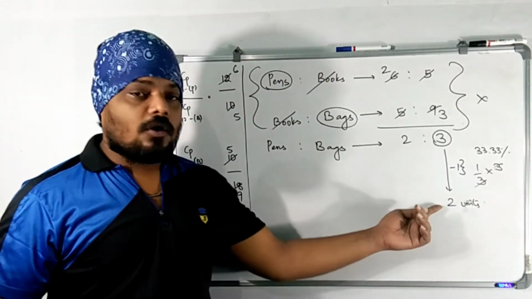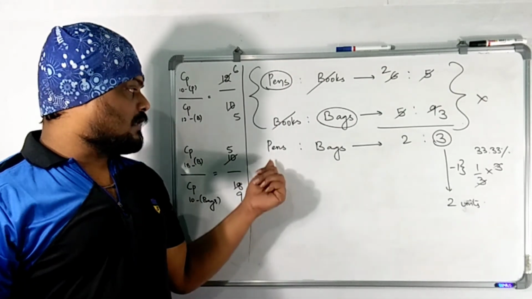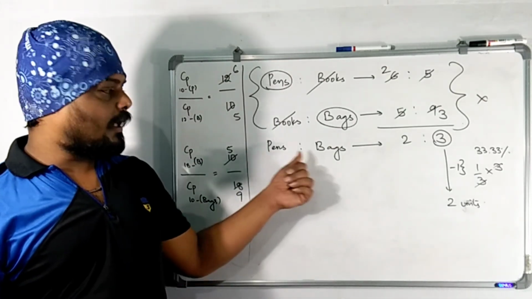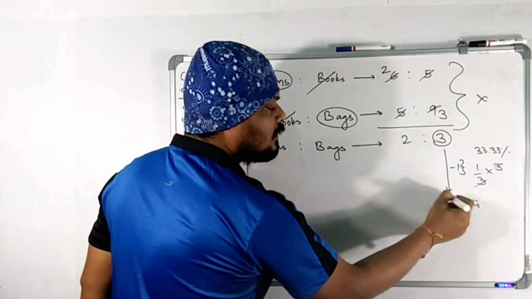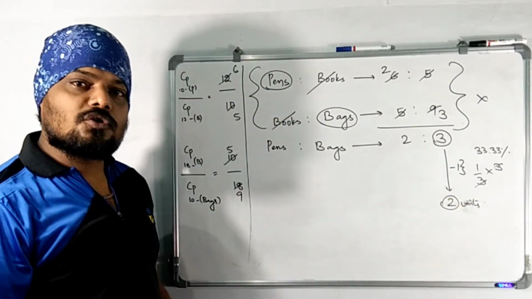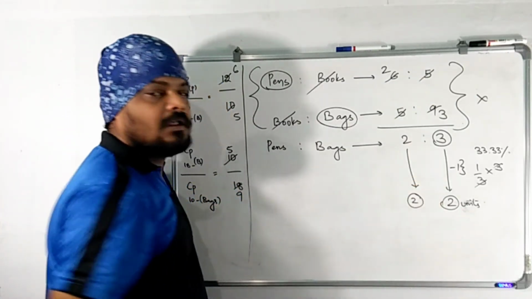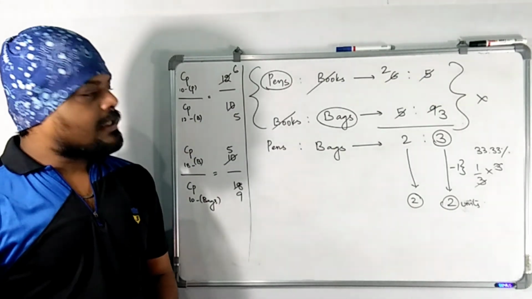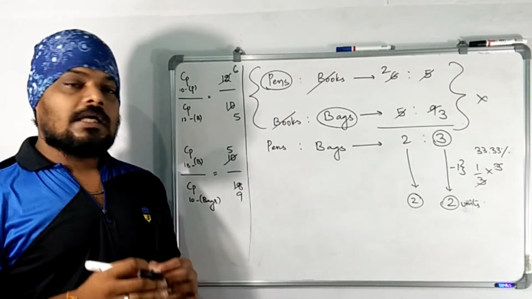According to the condition of the question, the selling prices of pen and bag are the same. The selling price of bag is 2, so the selling price of pen is 2 itself.